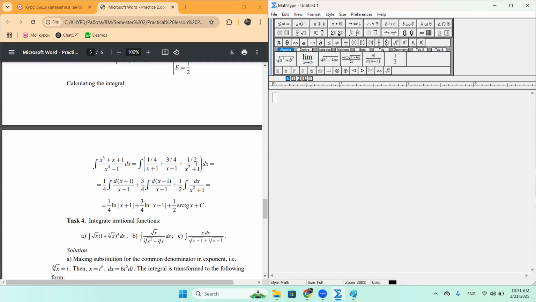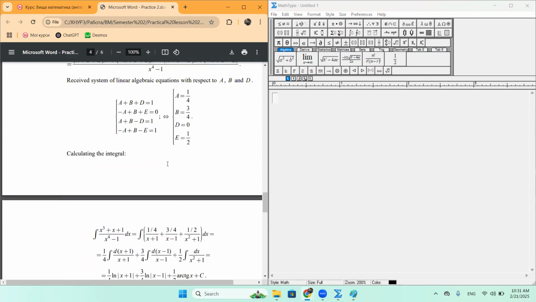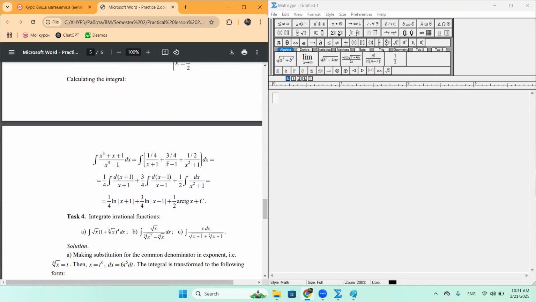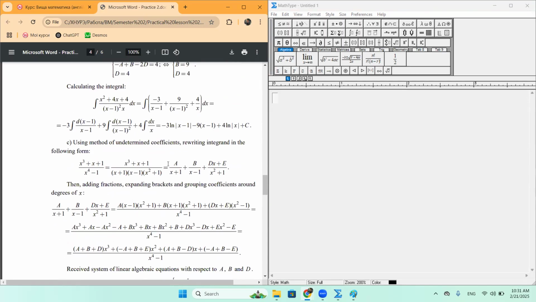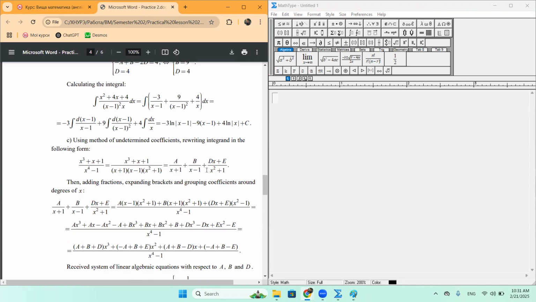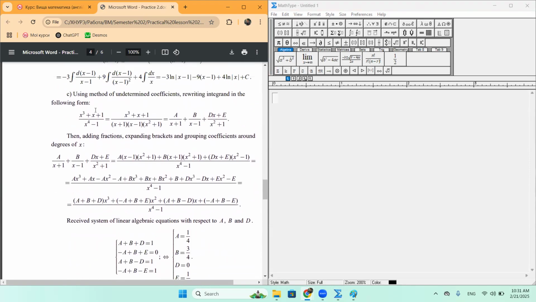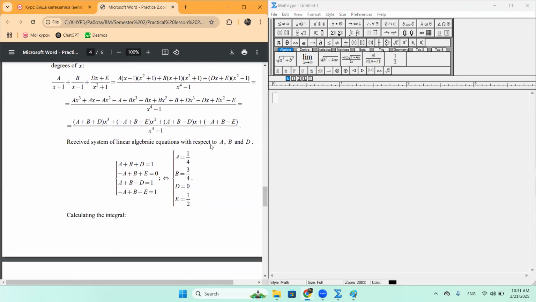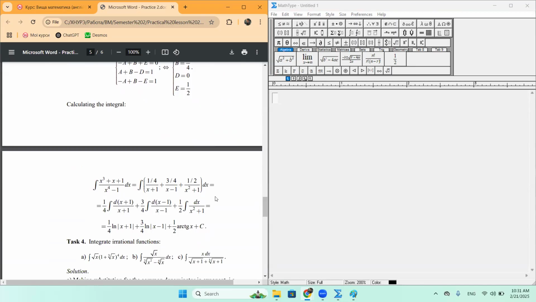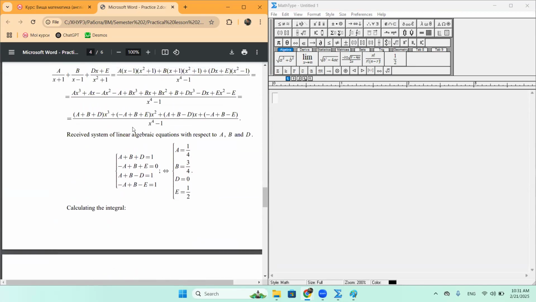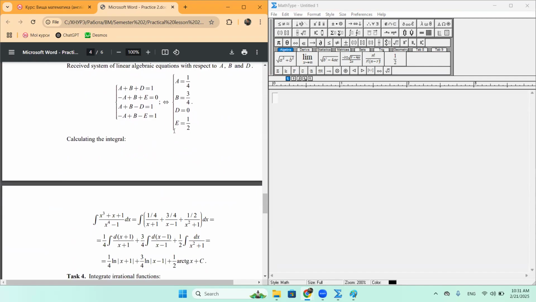So here it seems to be a mistake, because of the sequence of writing down. Look at it better at home. Here we use a different sequence of coefficients, so it affects the final answer. So pay attention to these materials.